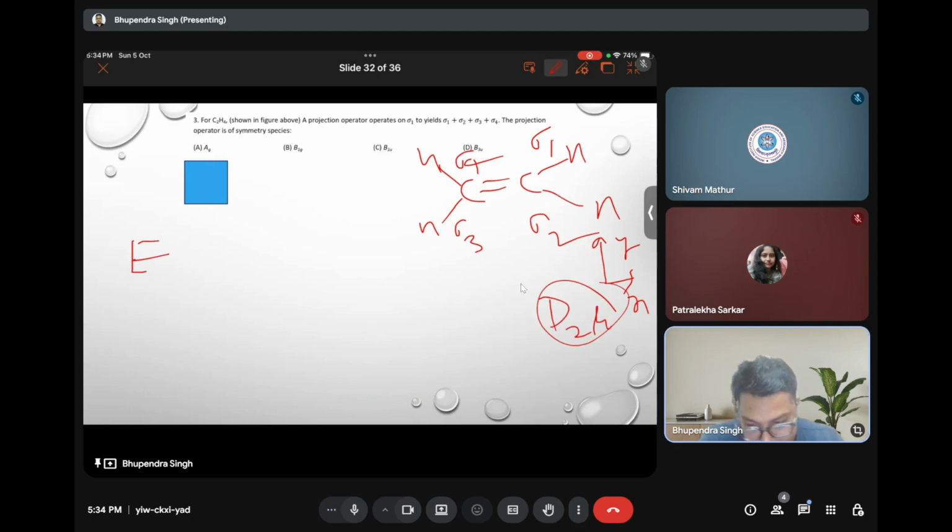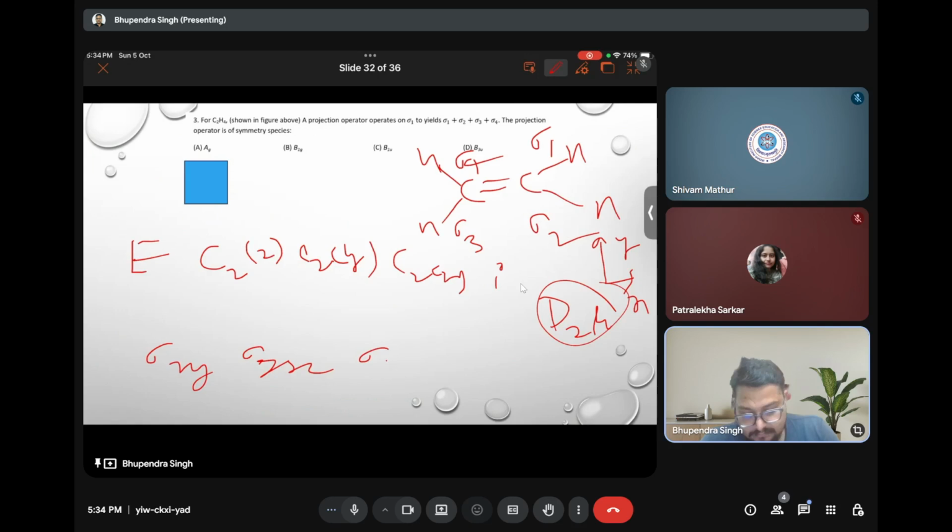So we need the character table of D2h: E, C2z, C2y, C2x, i, sigma xy, sigma zx, sigma yz.